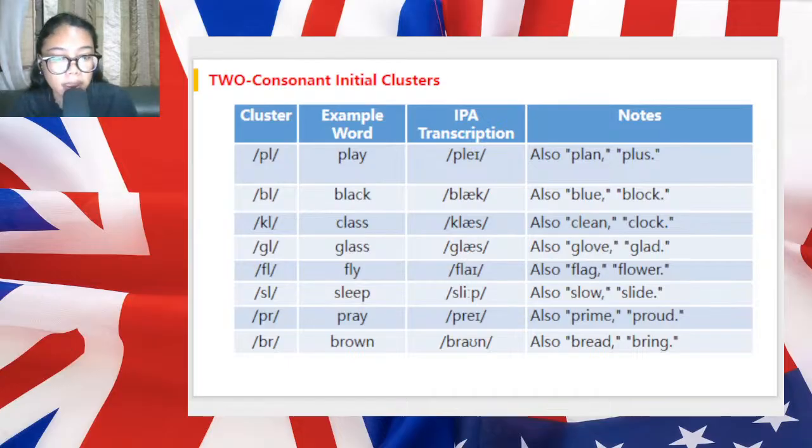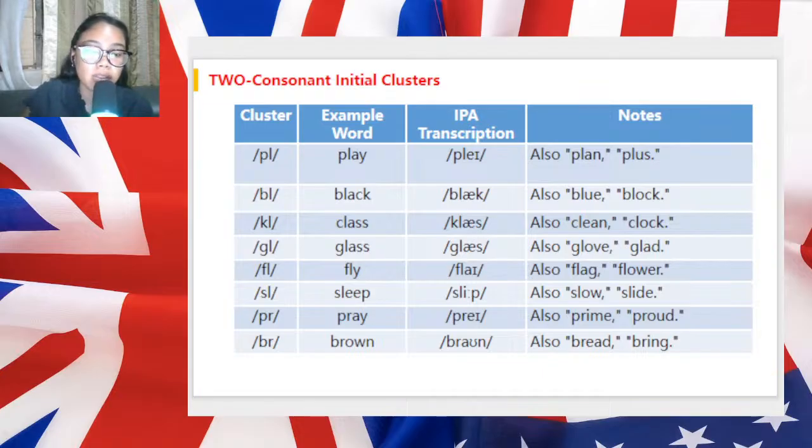Immediately after that, without any vowel sound in between, your tongue should quickly move into position for the l sound, which typically involves the tip of your tongue touching the ridge behind your teeth. So it's that direct, quick transition from the lip closure of p to the tongue movement for l.